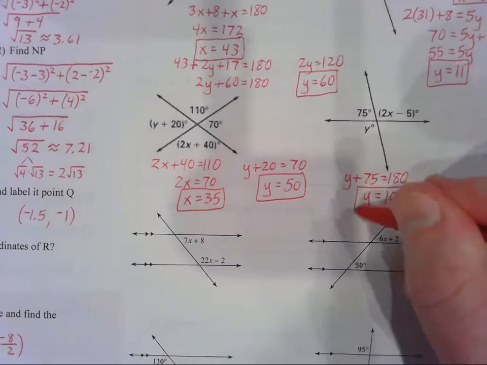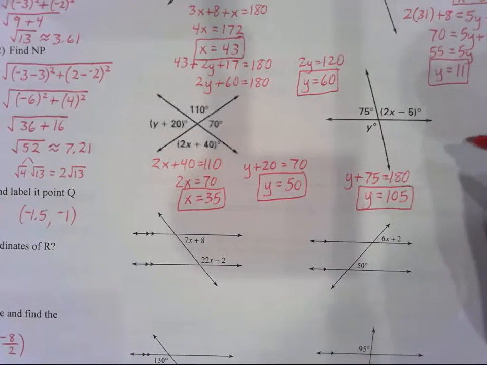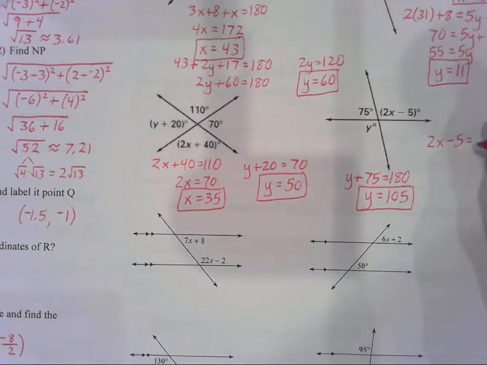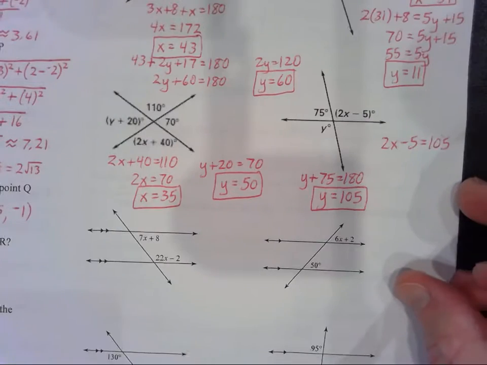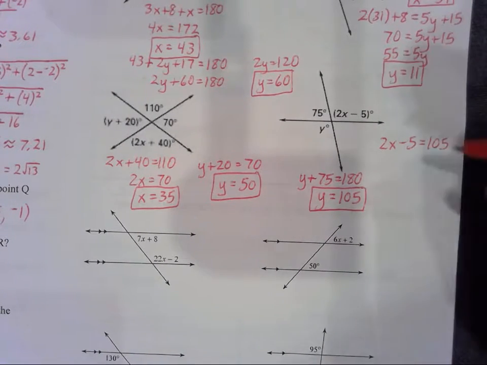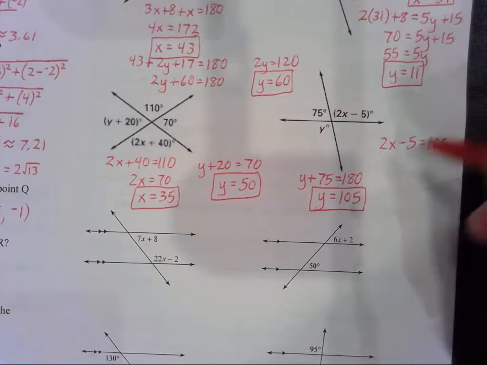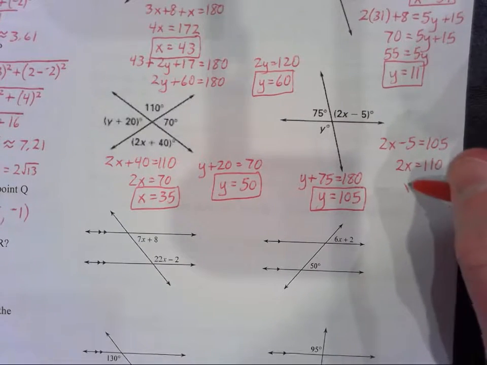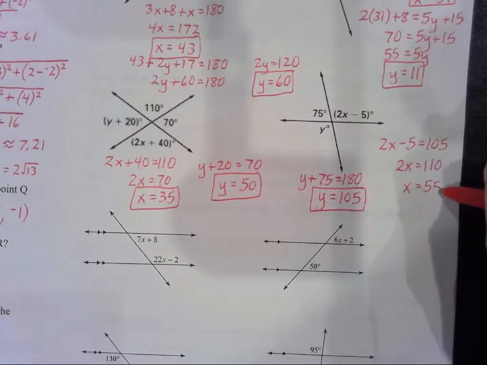And so I'm going to use the vertical angle relationship to say 2x minus 5 needs to equal the y value, 105. So if I add 5 to the other side, 110 divided by 2, x equals 55.